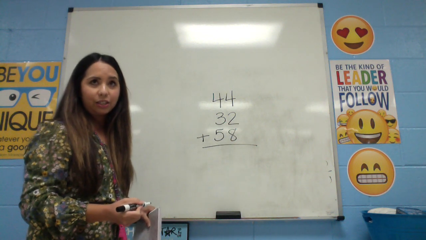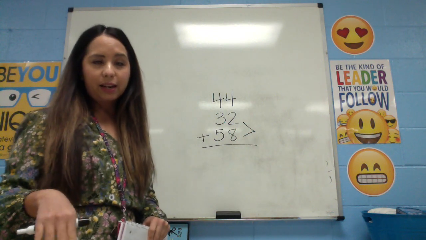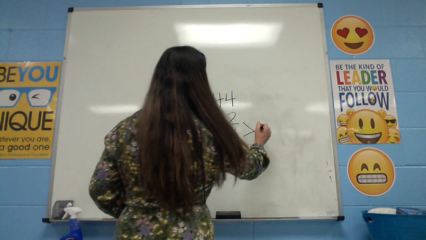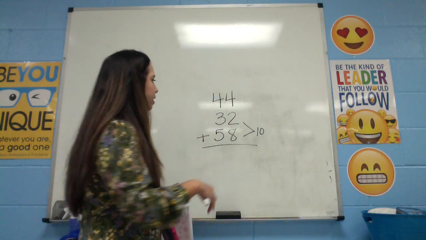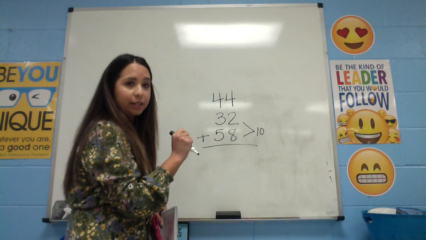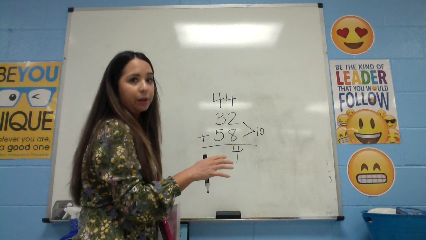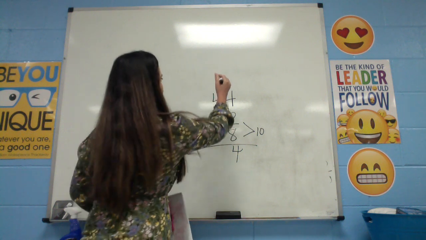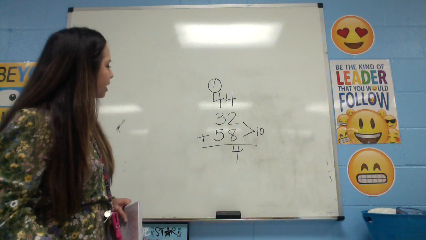Well, I think it's easier to add 2 plus 8 because 2 plus 8 equals 10. It's always easier to add numbers to 10. And I know 10 ones plus 4 ones is 14 ones. I have to regroup. So my 4 ones stay here and I regroup 10 ones for 1 ten. That's why I carry my 1 over there in the tens place.